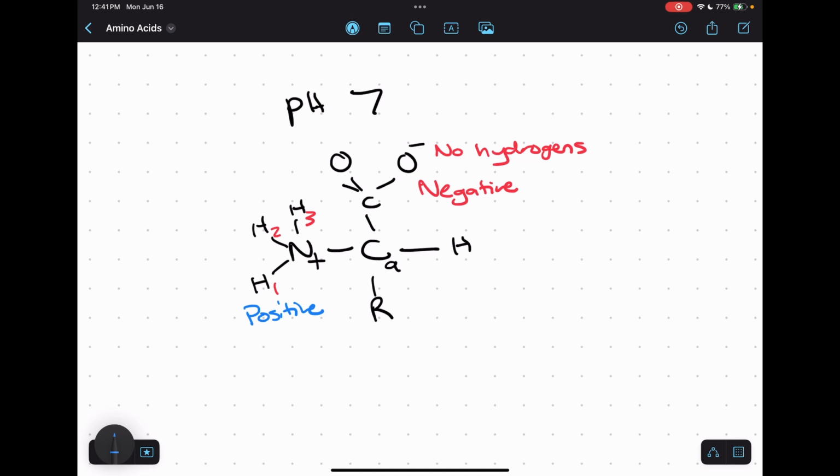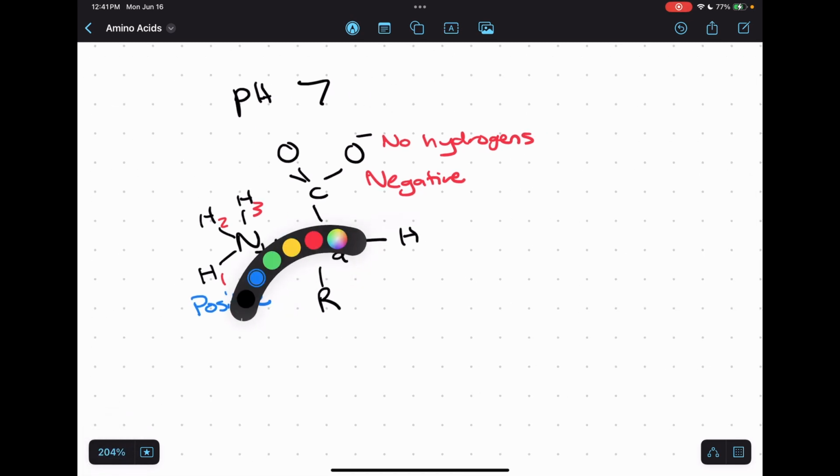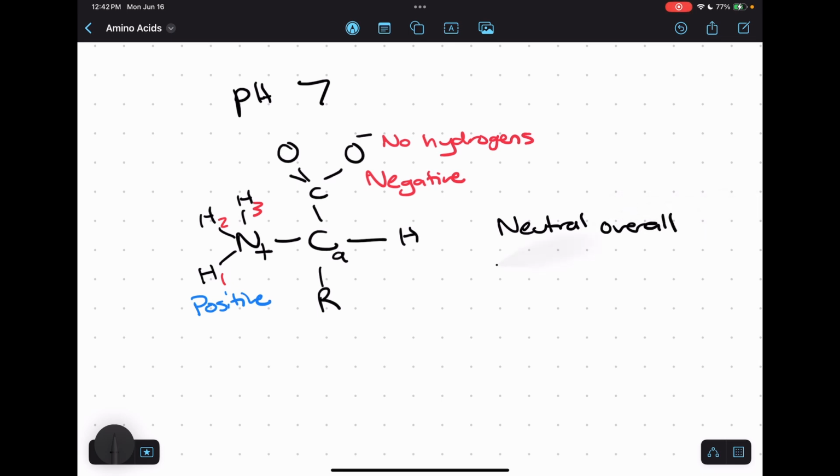This will balance out so that the total charge of the proteinogenic amino acid at physiological conditions is going to be neutral overall. And this state is called a Zwitter ion. This is really important to keep in mind.